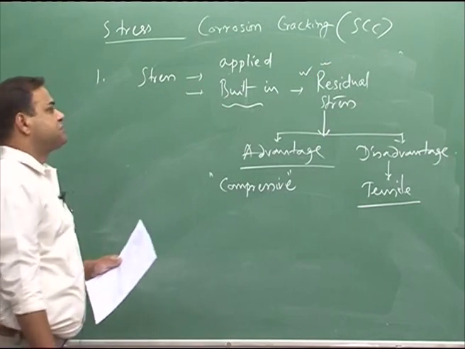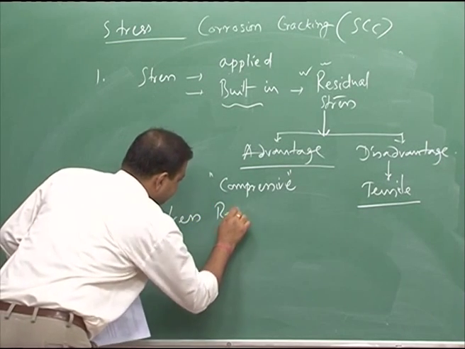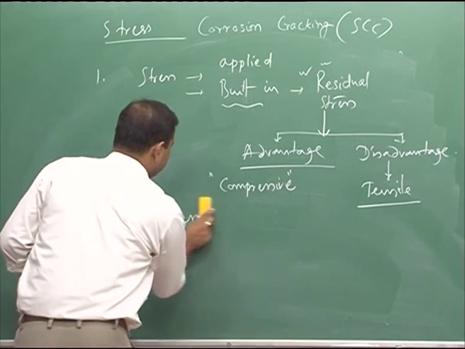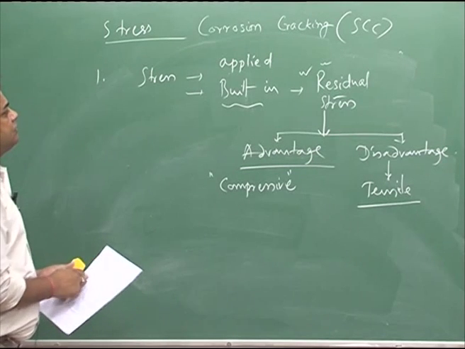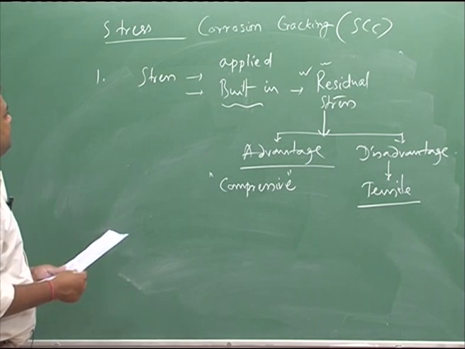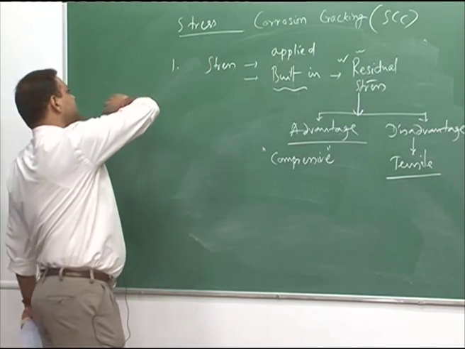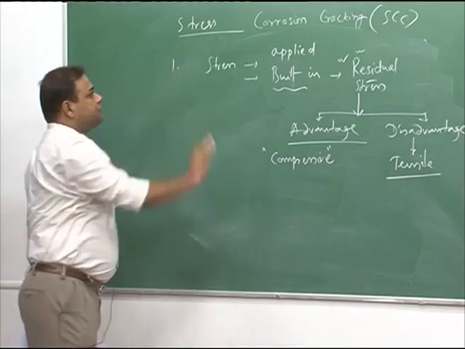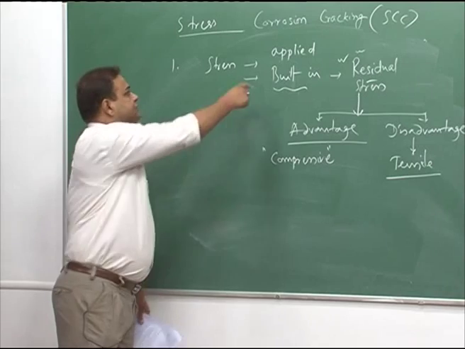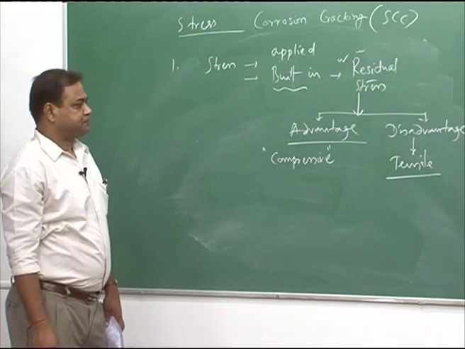That is where the low temperature stress relieving operation is done, in order to avoid residual stress related issues, which act in the presence of corrosive solution. The combination of these two can result in stress corrosion cracking. So, residual stress as well as applied stress is an important issue in stress corrosion cracking.